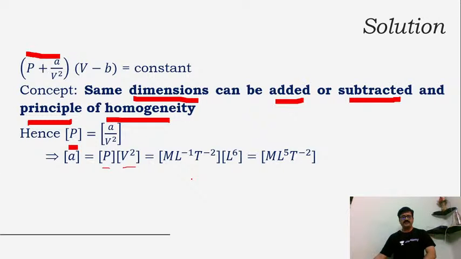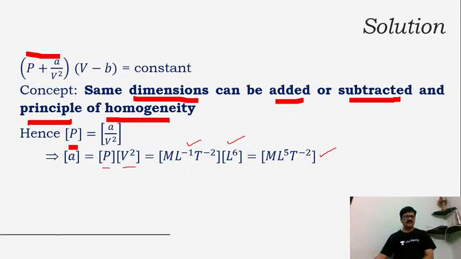Okay, so over here pressure has dimension of M L^-1 T^-2. Then volume square is (L³)², which is L^6. So if you just work this out, we'll get this as M L^5 T^-2. Is it not?